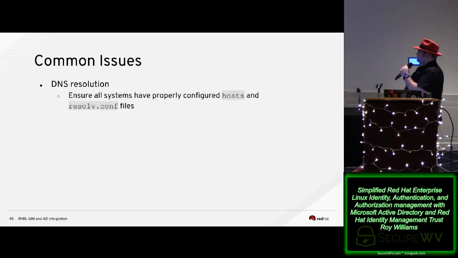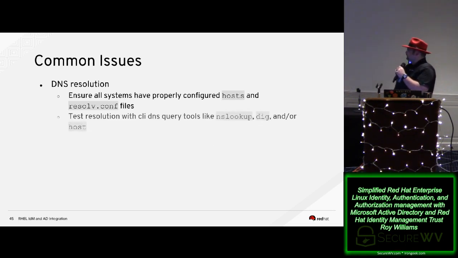So we want to ensure that all systems have properly configured hosts files and resolv.conf files. Our hosts files, of course, are going to be mainly just so we have localhost references, not really so that we use that in place of DNS. And then resolv.conf needs to point to one or multiple of our IdM servers, just to make sure that we have some resilience there if we have one go down for maintenance or an issue.